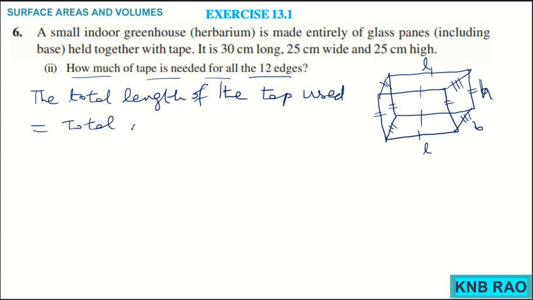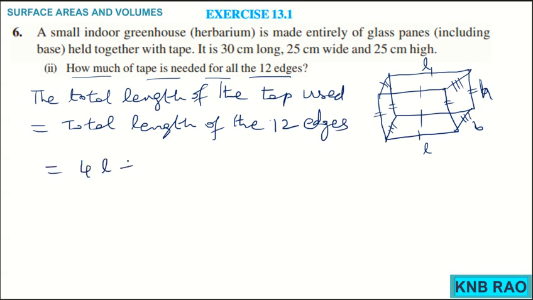The total length of the 12 edges is 4 times L plus 4 times breadth plus 4 times height. So, 4 common, L is 30 plus B is 25 plus height is 25.